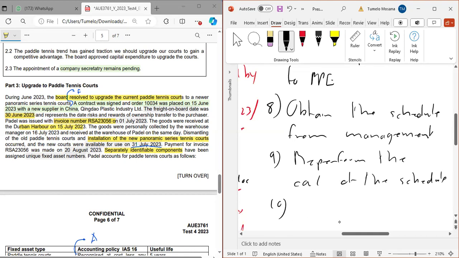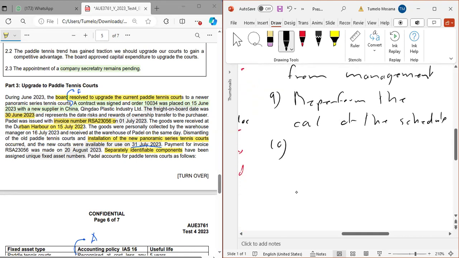And you could also scrutinize the schedule for any unusual entries, right? You could scrutinize the schedule for any unusual entries.